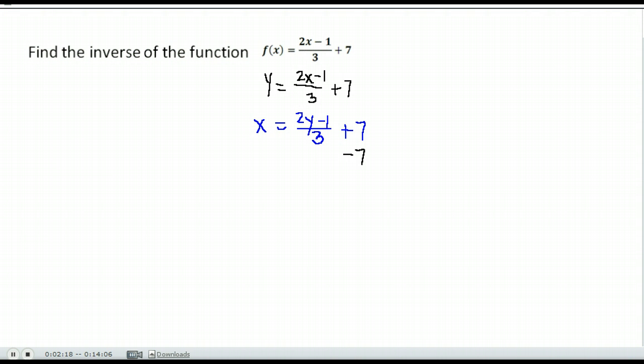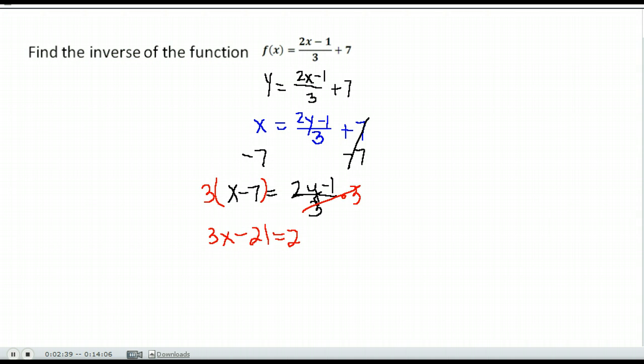So in order, I would subtract 7 from both sides first. So now I have x minus 7 equals 2y minus 1 over 3. Now I need to remove that fraction. So I'm going to multiply both sides by 3. And I get 3x minus 21 equals 2y minus 1.